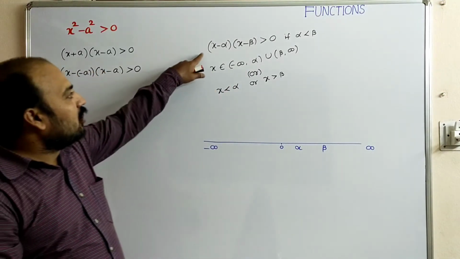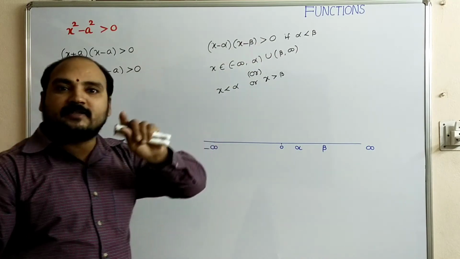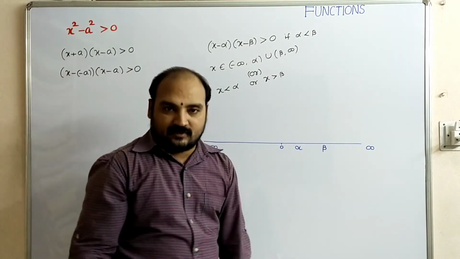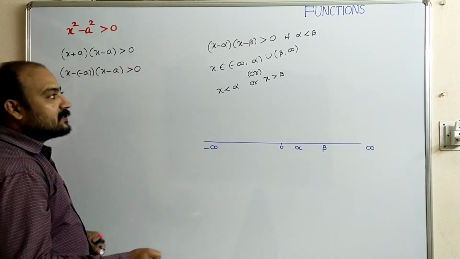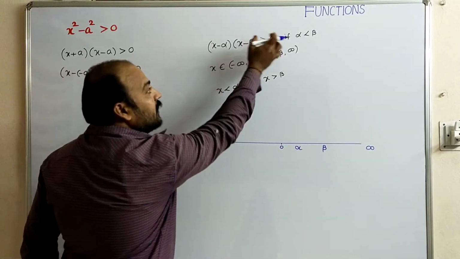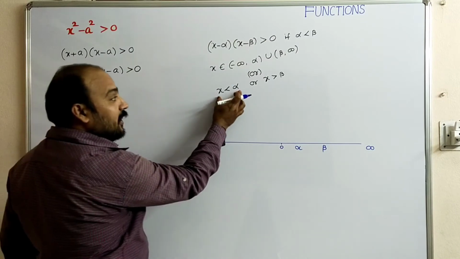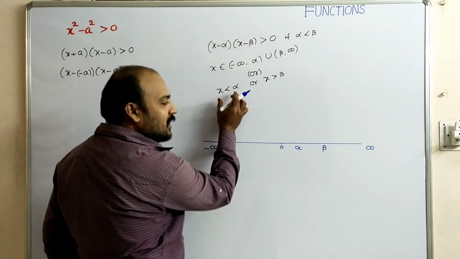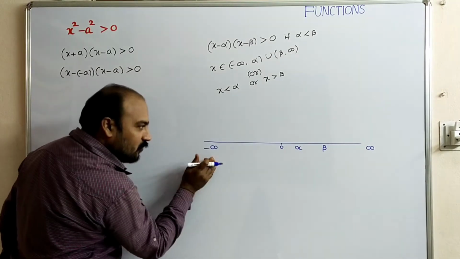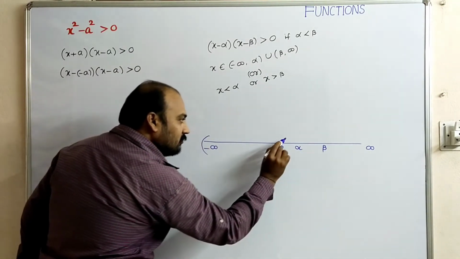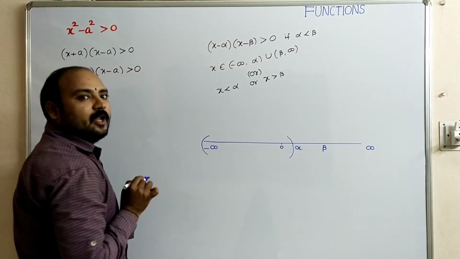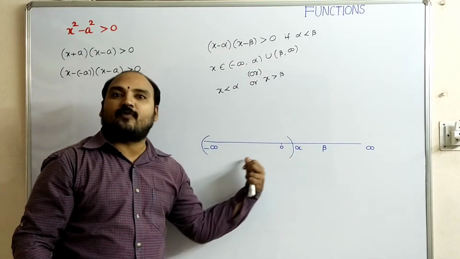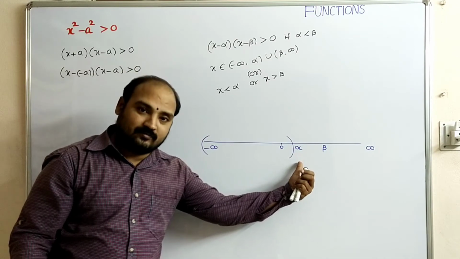X minus alpha into x minus beta is greater than 0 when alpha is less than beta. X is defining x is less than alpha. That means x is less than alpha means from here to here. That means the values lie between minus infinity to alpha. It should not be equal to alpha.